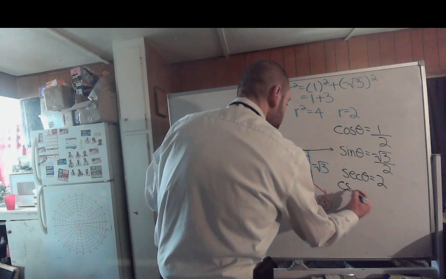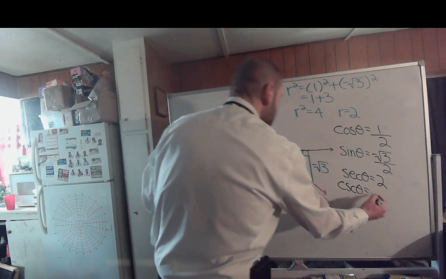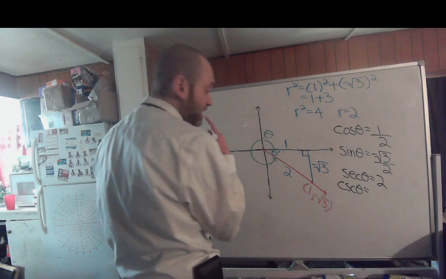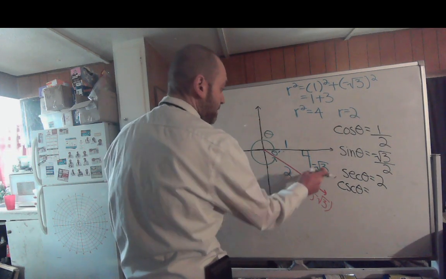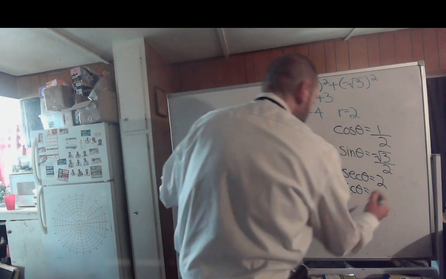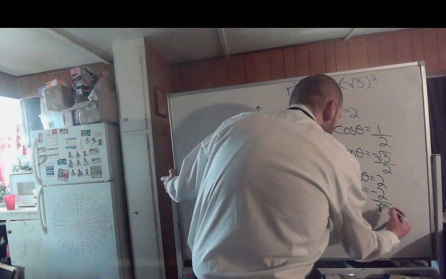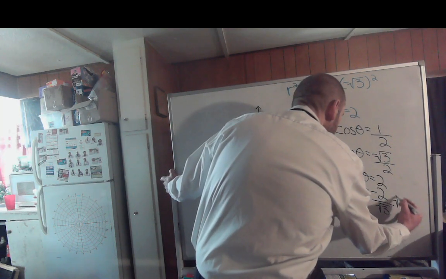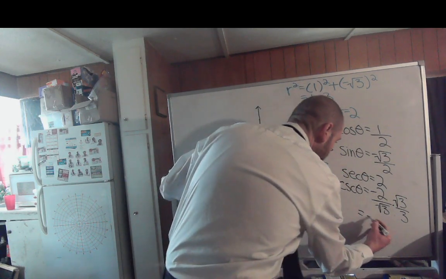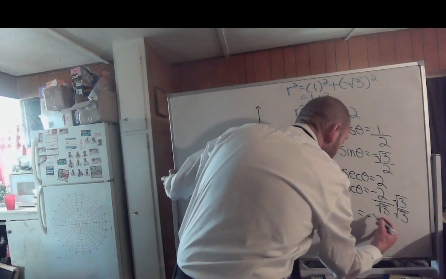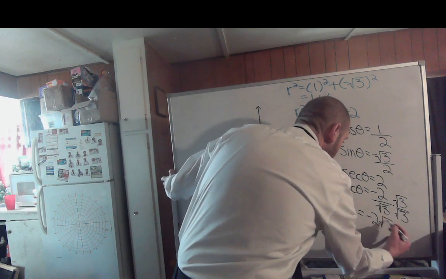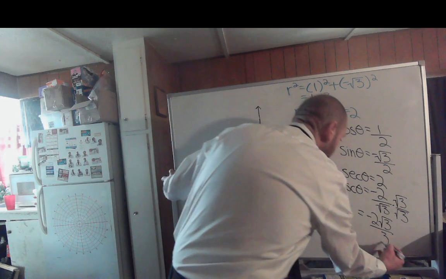Let's find the cosecant of theta. Well, that's going to be hypotenuse over opposite, so that would be negative 2 over the square root of 3 times the square root of 3 over 3, which means your cosecant is negative 2 times the square root of 3 all over 3.